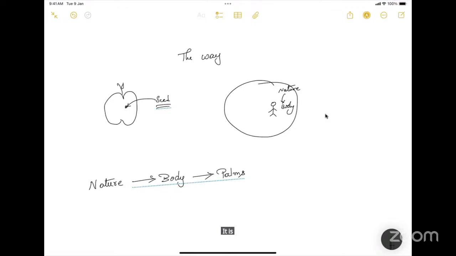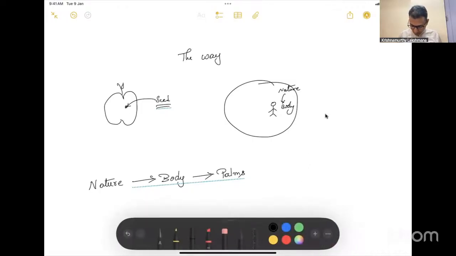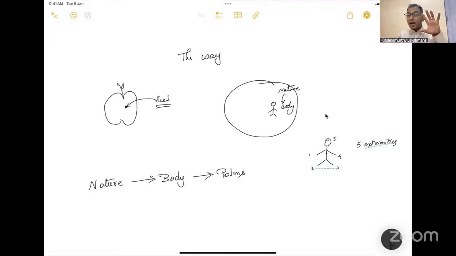Like our human body, it has 5 extremities. 1, 2, 3, 4, and the head is 5. So there are 5 extremities. Right? And how many fingers are there in the hand? 5 fingers.